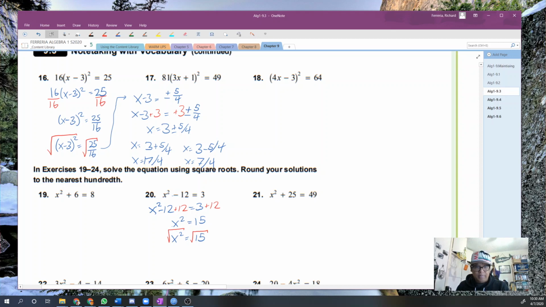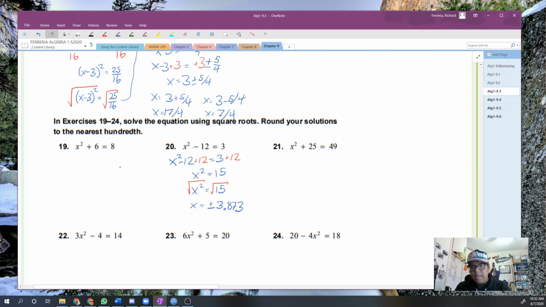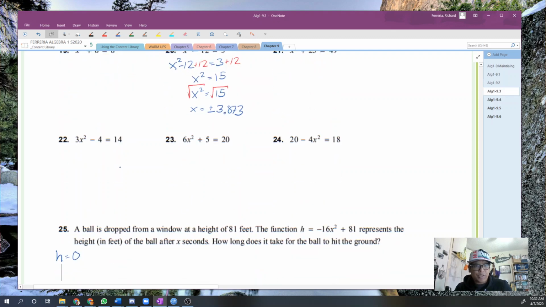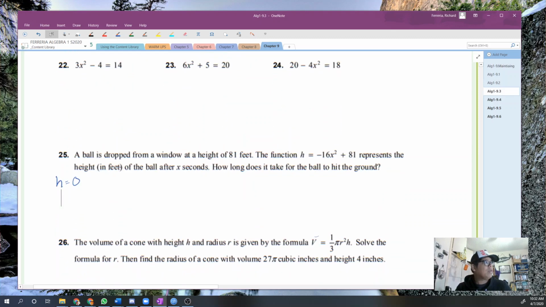And that gets us to x is just whatever the square root of 15 is. And if you grab your calculator and check it, you're going to get 3.873. Don't forget it's plus and minus 3.873.